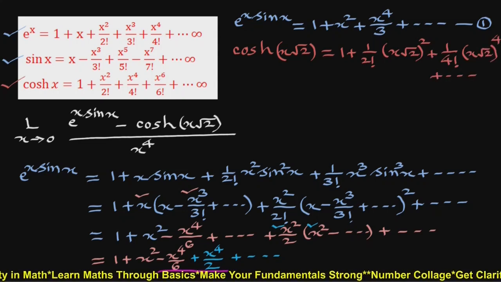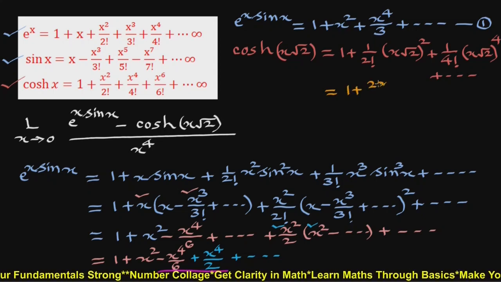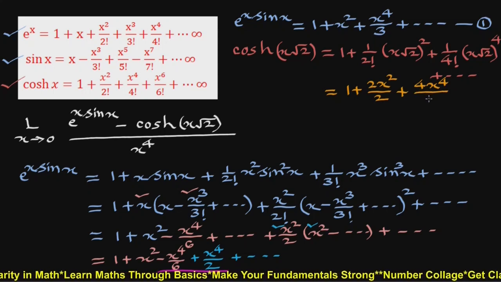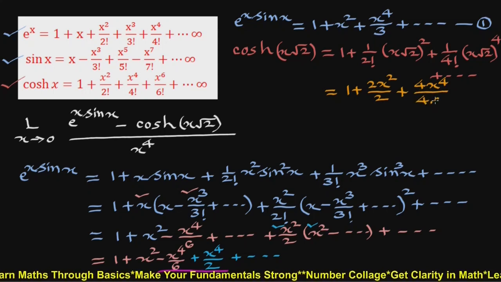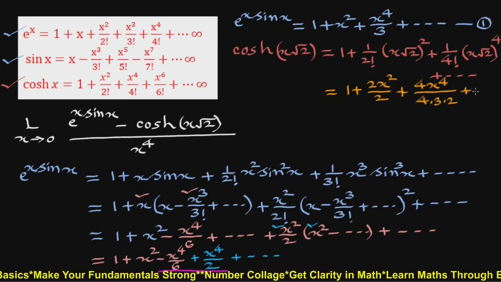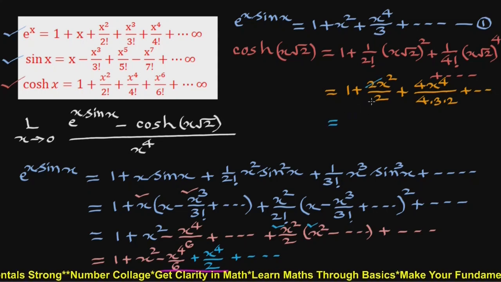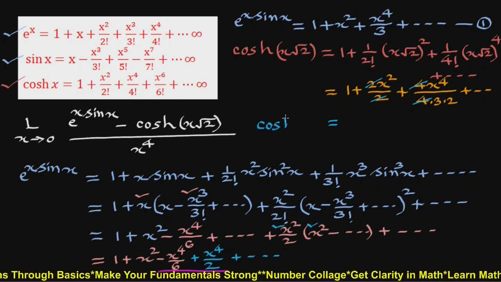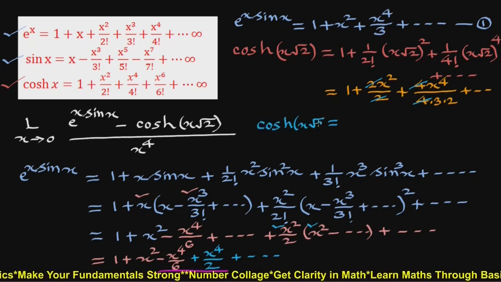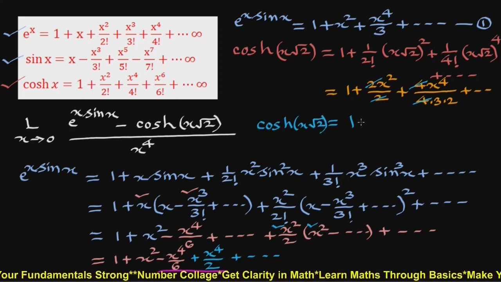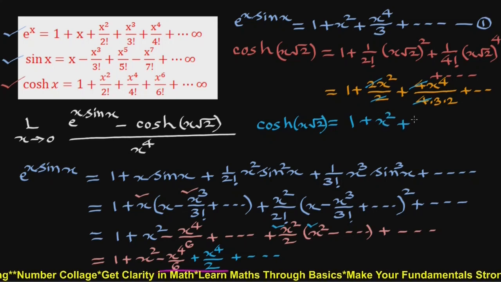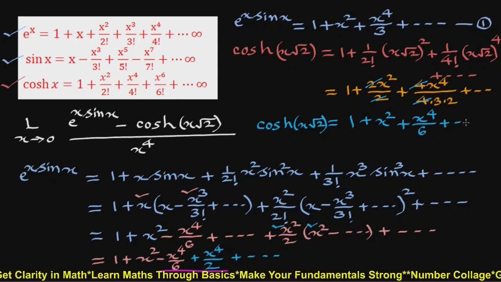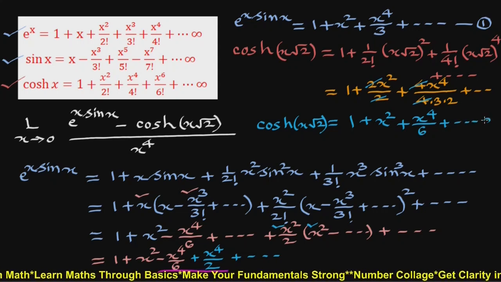That will be 1 plus 2x square upon 2 plus 4x raised to 4 upon 4 into 3 into 2 plus so on and so forth, which is cancelling 2 and cancelling 4. The expansion of hyperbolic cos x root 2 will be 1 plus x square plus x raised to 4 upon 6 plus so on and so forth. We will name this 2.